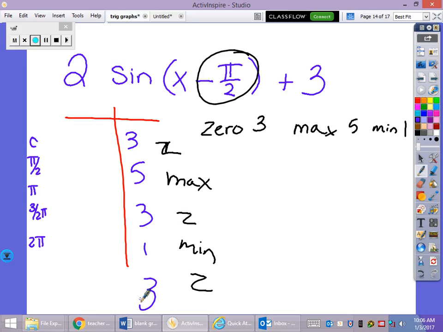Okay, that's not new. That's what we've been doing the past couple screens. Okay, the phase shift is a minus pi over 2. So am I going to add pi over 2 or subtract it? Add it, because my x is crazy. I always do the opposite. So to my x value, I'm going to add pi over 2. So instead of 0, it's now going to be pi over 2. And pi over 2 plus pi over 2 is 1 pi.